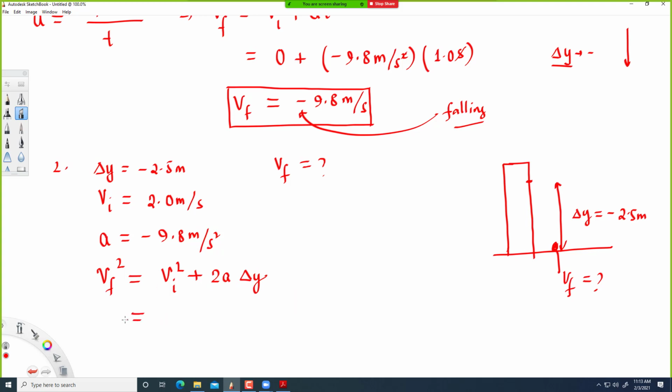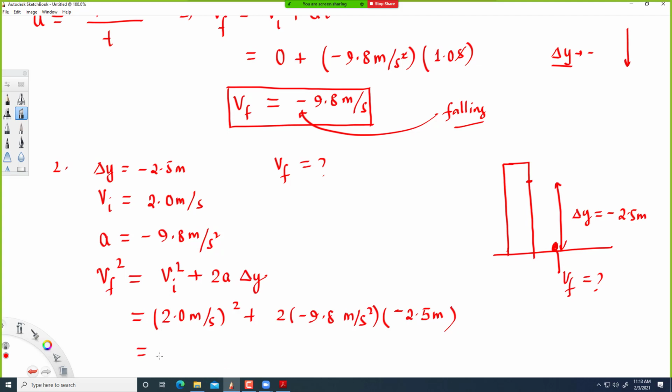So Vi is 2 meters per second squared, plus 2a, negative 9.8 meters per second squared, delta y negative 2.5.